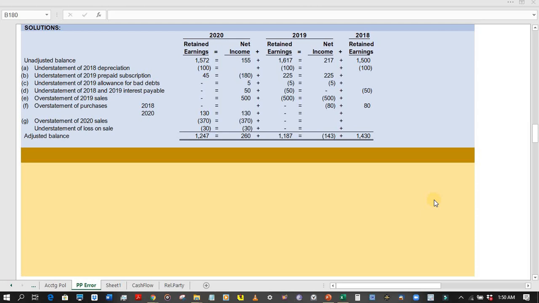Now let us proceed to the correcting journal entries. So the correcting journal entries shall be prepared as of December 31, 2020, and this shall be recorded in the books of the entity.